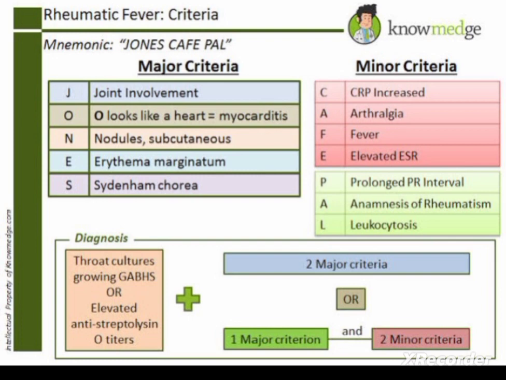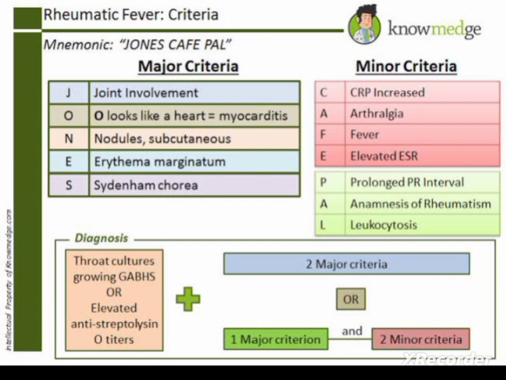J for joint involvement, O for the heart, or myocarditis, N is nodules, subcutaneous nodules. Then E, erythema marginatum. S, Sydenham's chorea.